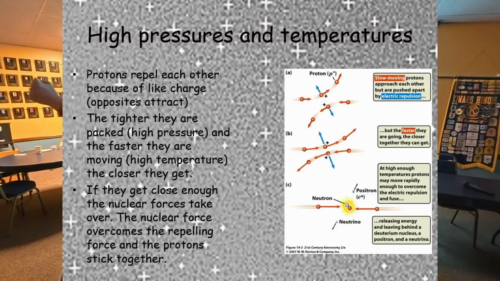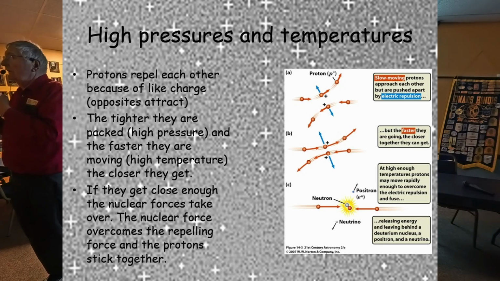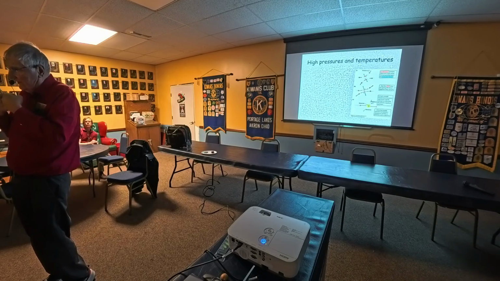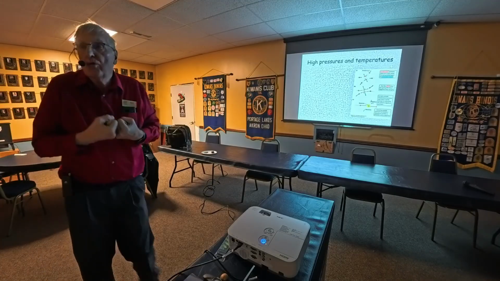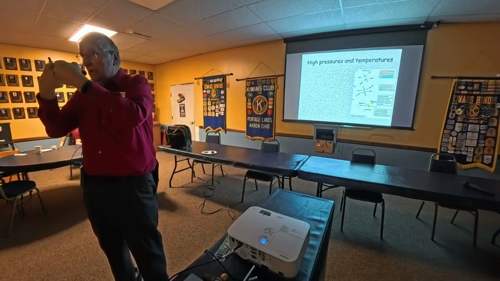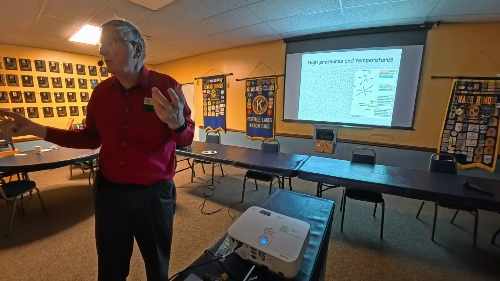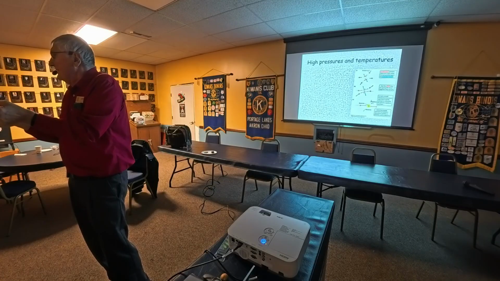We've got really high temperatures and really high pressures in the center of stars. And so with the really high pressures, we're trying to push these protons together because there's a lot of loose protons flying all over the place. And they're moving really quick, so they want to smack into each other. And of course, they're both positively charged, so they repel each other. It's like trying to push two like poles of a magnet together.